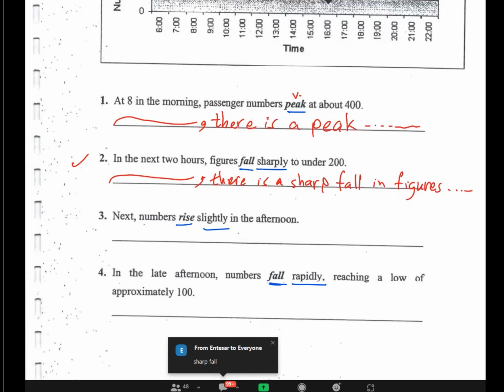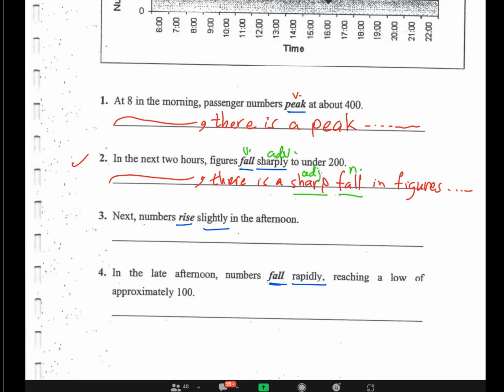So if you look here, you can see that we changed from verb to noun and from adverb to adjective. There is a sharp fall in figures. Figures fall sharply, there is a sharp fall in figures. Okay? Figures fall slightly, there is a slight fall in figures.